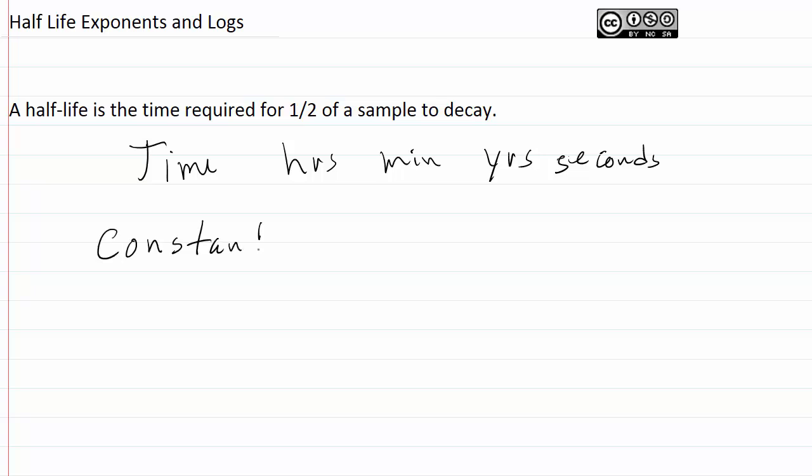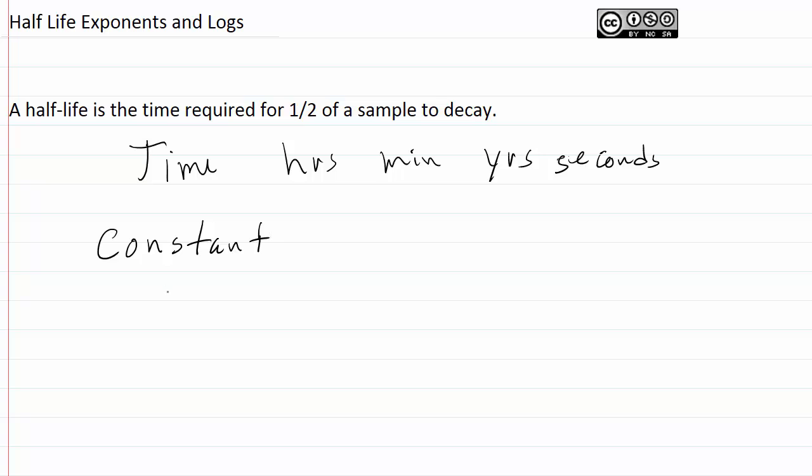It doesn't matter how long the sample's been around. So if you've got a radioactive material that's been around for a couple of 100,000 years, the half-life now is the same as the half-life was when that sample was generated. So this is one of the things that makes radioactive waste challenging to deal with, is the long life.